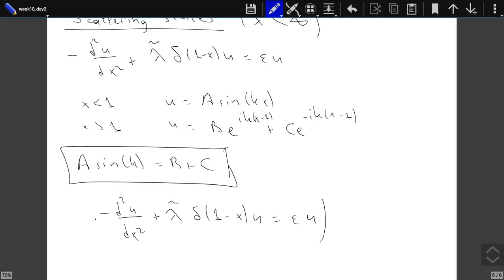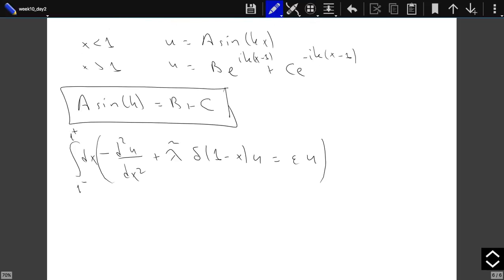To obtain the discontinuity, just take this equation and integrate both sides over x from 1 minus to 1 plus, just from the left of x is equal to 1 to the right of x is equal to 1. So we have minus du by dx evaluated at x is equal to 1 plus, minus du by dx evaluated at x is equal to 1 minus.